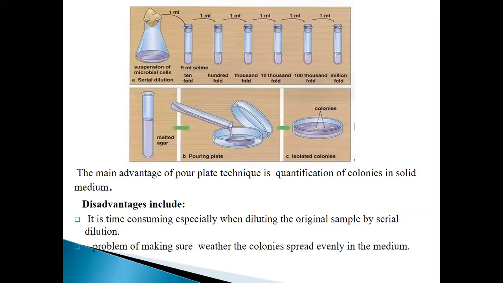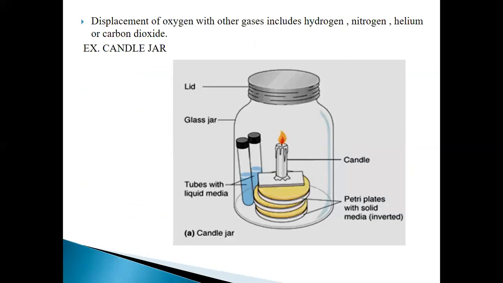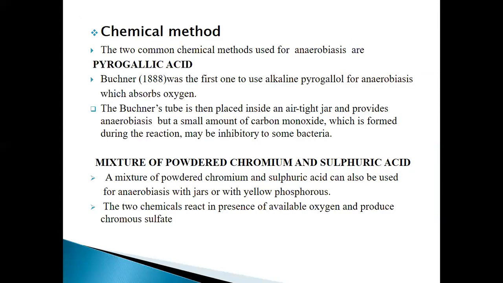Pour plate, liquid cultures, and the most important, the anaerobic culture method, production of vacuum. Initially, there was a candle jar, because that used to create carbon dioxide gas and displace the oxygen from the other gases and make it an anaerobic media. But nowadays, you have other chemicals which are used for causing anaerobiosis.